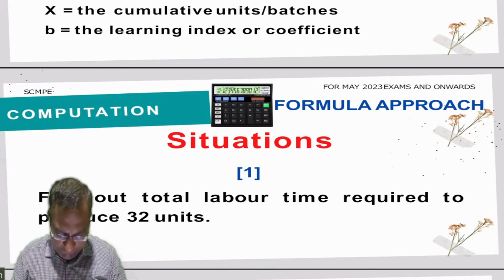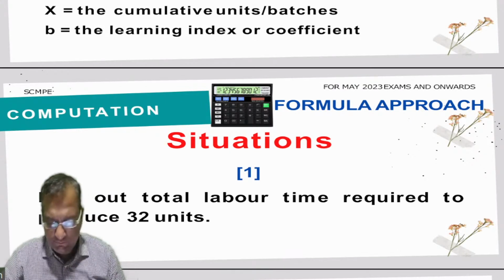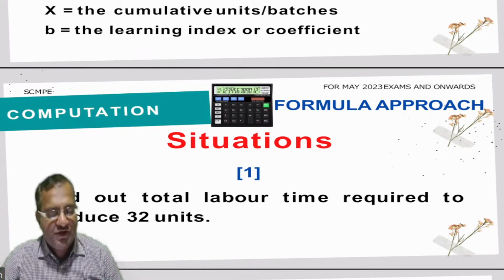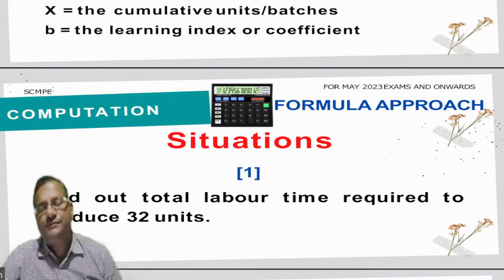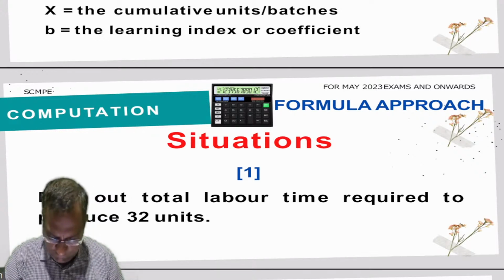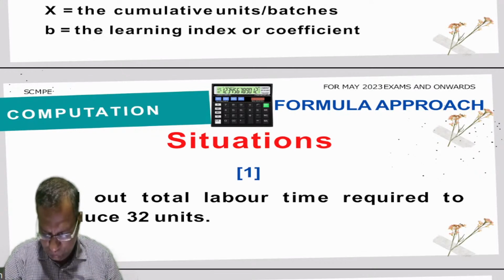Find out average time required to manufacture 32 units.